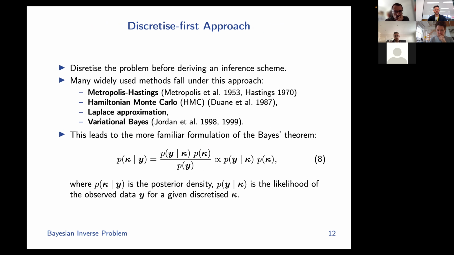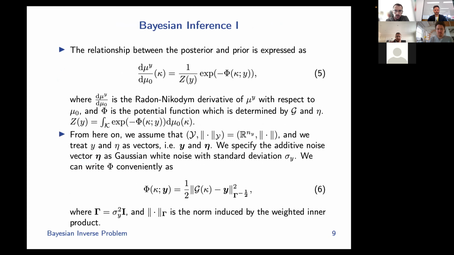For example, we can do MCMC methods such as Metropolis-Hastings or HMC, or we can do Laplace approximation, or we can do variational Bayes methods, which is something we do here. This brings us to the more familiar formulation of Bayes' theorem, rather than the one in the infinite dimensional space.